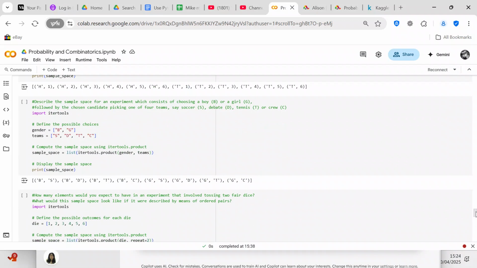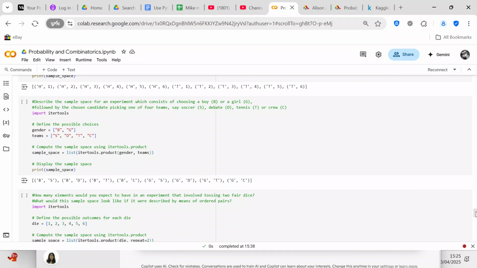The next question is very similar to the previous question. Describe the sample space for an experiment which consists of choosing a boy or a girl, followed by the chosen candidate picking one of 4 items, say soccer, debate, tennis, or crew. It's going to be import itertools. We define the possible choices: the gender is going to be boy or girl, and the teams are soccer, debate, tennis, or crew.